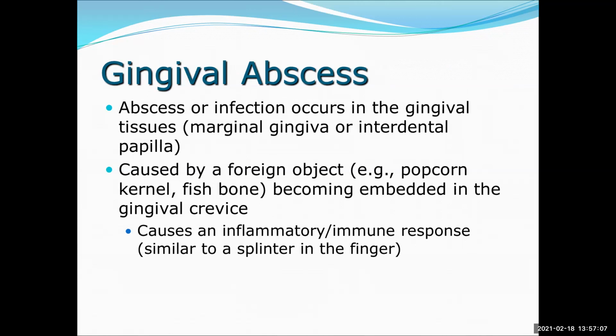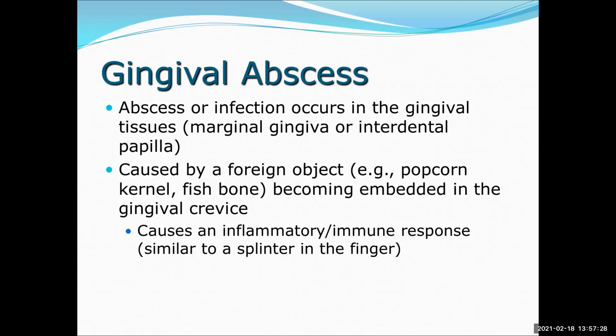Abscesses, or infection, occurs in the gingival tissue, that marginal tissue or interdental papilla. It's caused by a foreign object. That foreign object could be a kernel of popcorn or a fish bone becoming embedded in that gingival crevice. What happens to that? It's like a splinter on your finger. It causes inflammation.